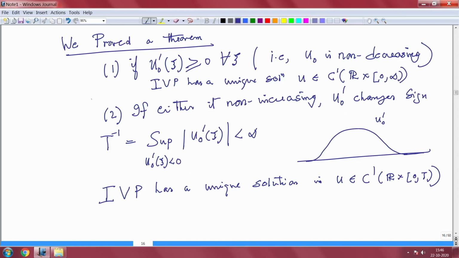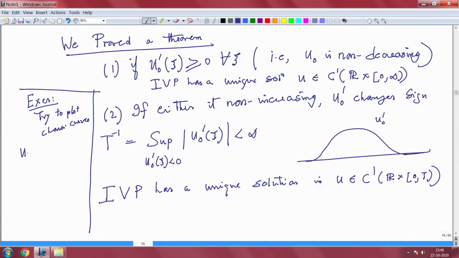So, you can have many more examples, and maybe such exercises you try to exercise. We will provide various examples. Try to plot the characteristic curves. Say for example, my u naught of x is 0 for x less than or equal to 0, and 1 for x greater than 0.